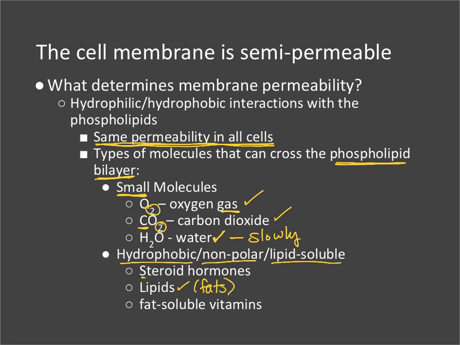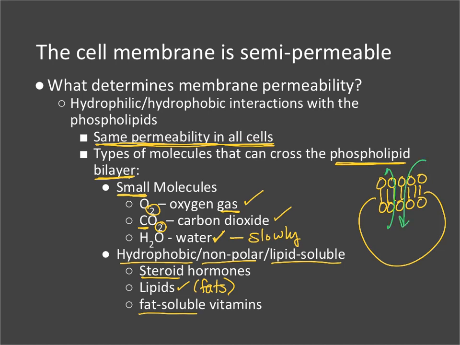So things like steroid hormones are types of fats. There are some vitamins that are fat soluble that can also cross that phospholipid bilayer. So remember, these are the substances that are crossing that phospholipid bilayer on its own without any help.